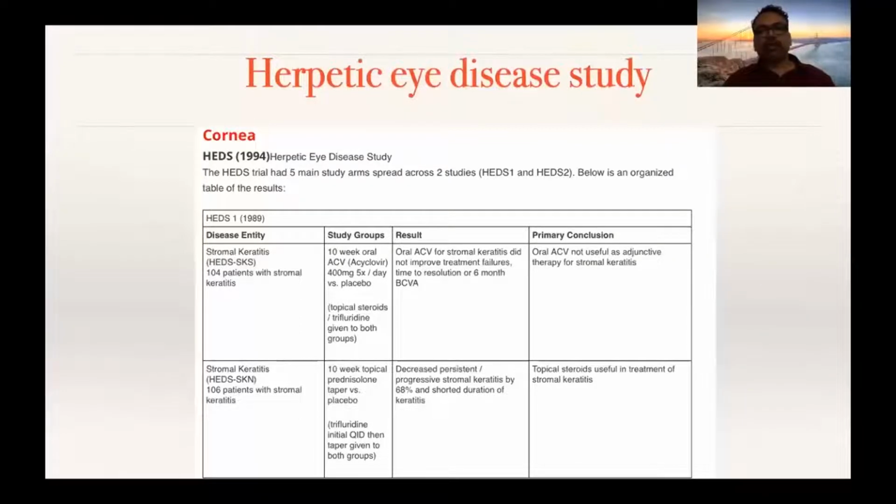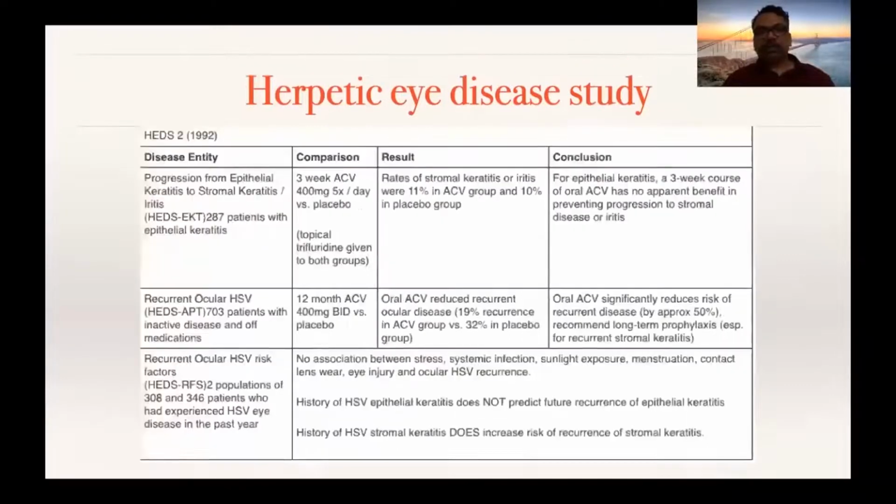The primary conclusion of the HEDS SKS study is that oral acyclovir is not useful as adjunctive therapy for stromal keratitis, and topical steroids are useful in the treatment of stromal keratitis. For epithelial keratitis, oral acyclovir has no apparent benefit.